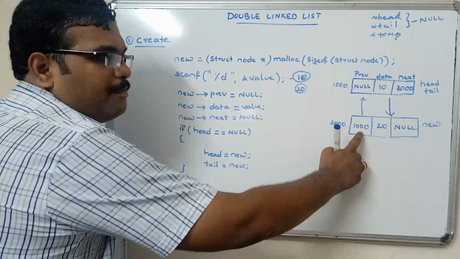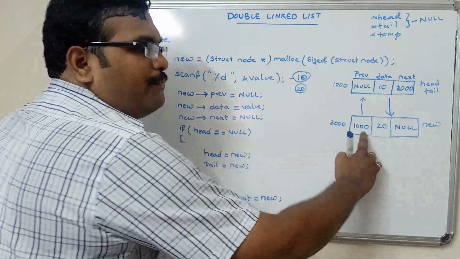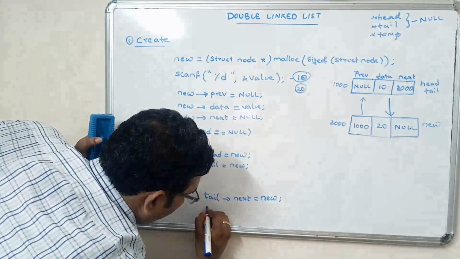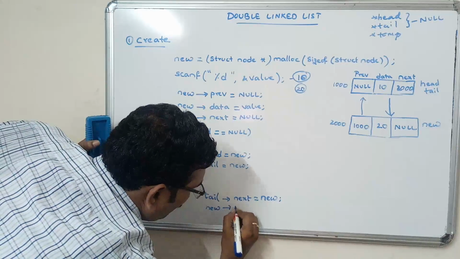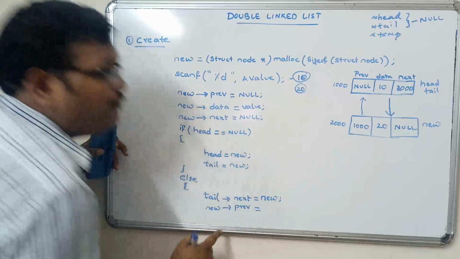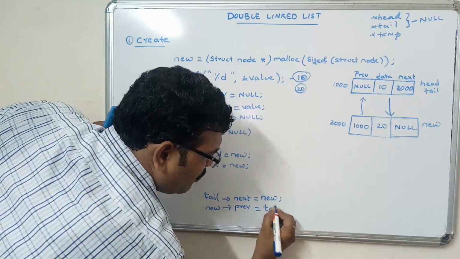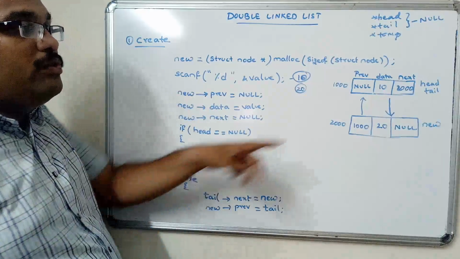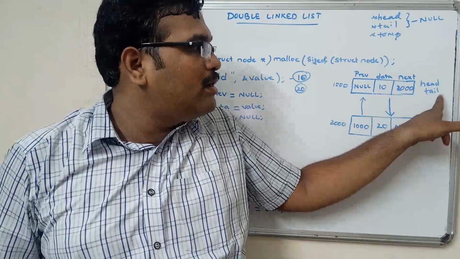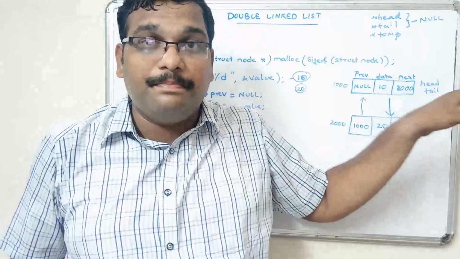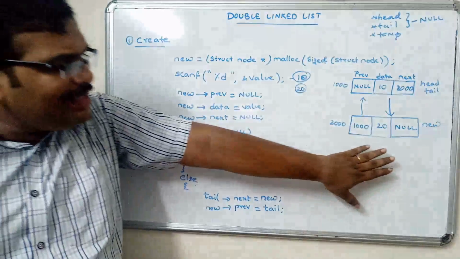Now what is the position here? New of previous is equal to tail. Why do we have to take the tail? Why should we not take the head? This is the question. Because this is the second element.